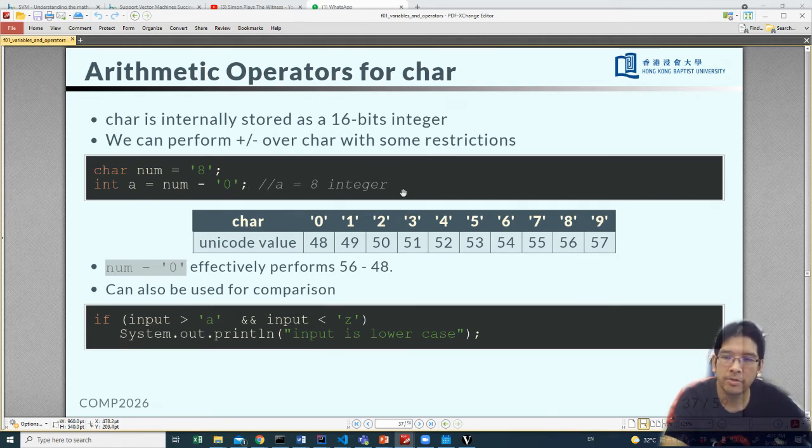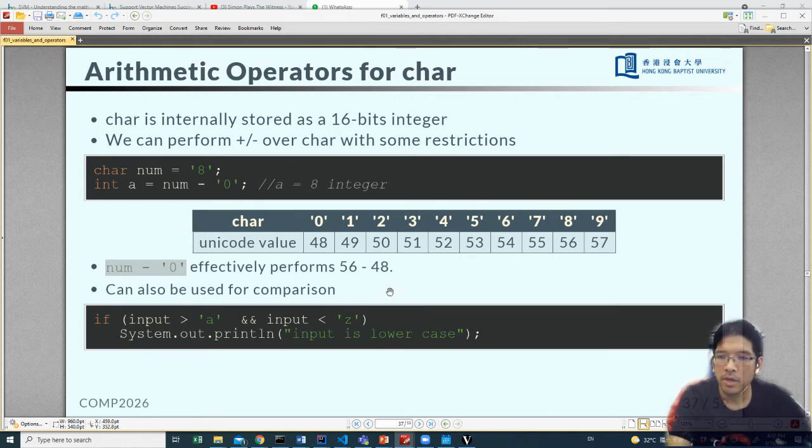So a will equal 8 in this example, where a is an integer. Don't be confused: num is stored internally with 56, whereas a is stored internally with the value 8.